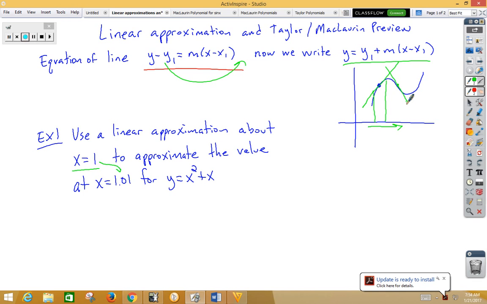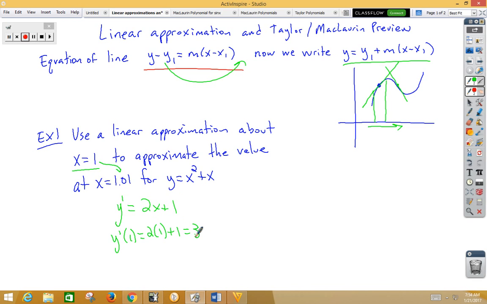In order to do this, we're going to need a slope and a point. To get the slope, we're going to do the first derivative, so y prime is equal to 2x plus 1. We now want y prime of 1, so 2 times 1 plus 1 is 3. We now have a slope of 3. We're going to need a point, so we plug our 1 into our function.